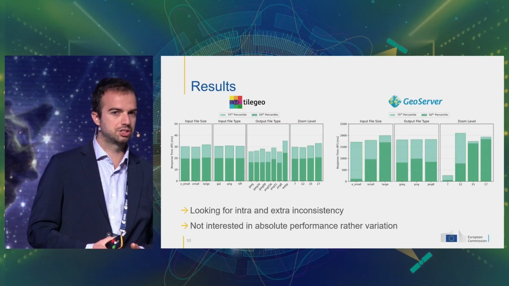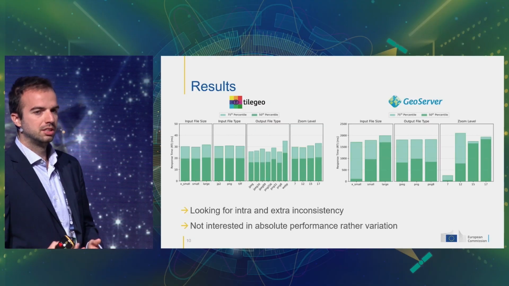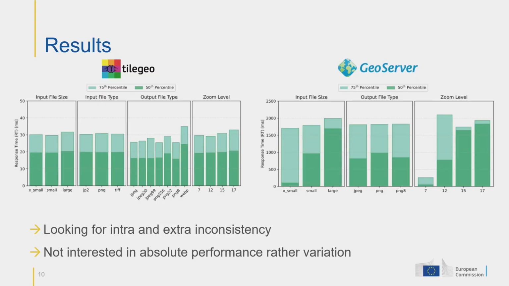This is not a speech to say which one is the best, but we would like to start a discussion on how we can define a benchmark for this kind of technology. Even if these two plots are next to each other, the scales are not the same. But anyhow, this is not the center of the topic. Here we are looking for inconsistency.